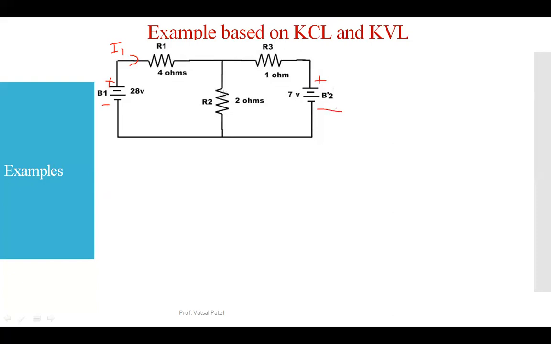This is the positive and negative polarity of the source. So according to that the current will flow here, I1, and the current I2 here, because we have to identify I1 and I2. So I expect the loop to be in the clockwise direction here, and for the second loop, according to this current direction, I2 is flowing in the anti-clockwise direction.